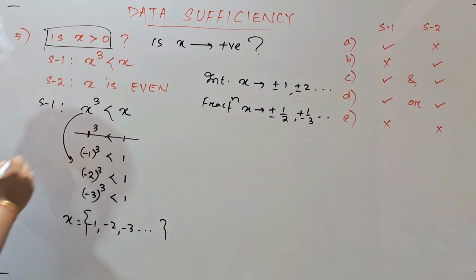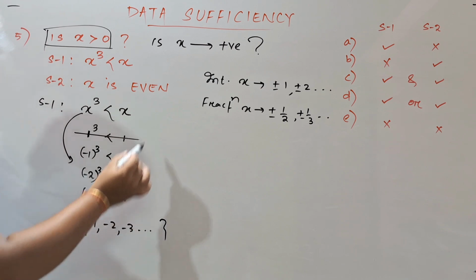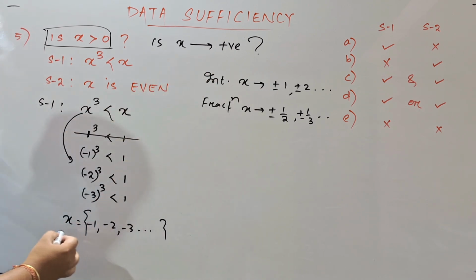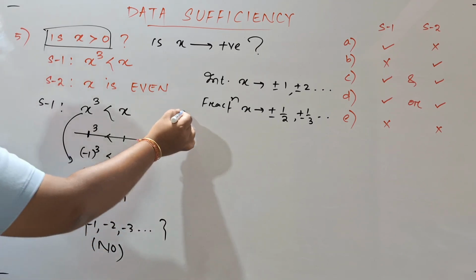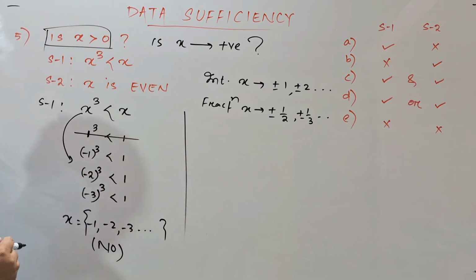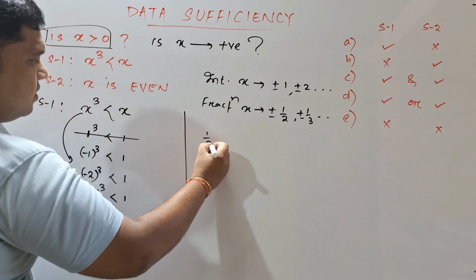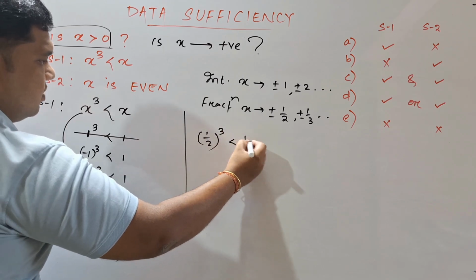Now is x positive here? You said no, x is not positive. Similarly if I check for fractions, if I put 1 by 2, 1 by 2 cube is 1 by 8, which is less than 1 by 2, yes.